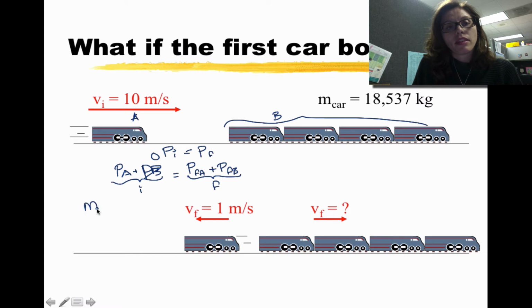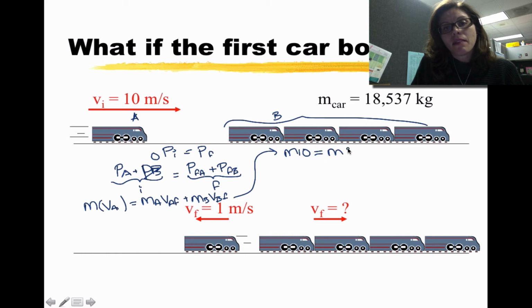So we have the mass of A times the velocity of A initial equals mass of A times velocity of A final plus mass of B times velocity of B final. So we'll just call the mass M. Velocity of A is 10 equals, mass of A is still M times -1. Remember, the negative tells us direction. Plus, and then we have 4 cars, so it would be 4M times Vf.